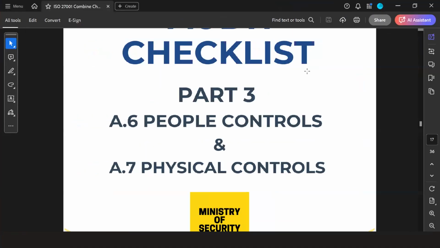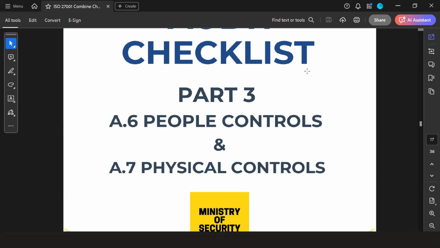Try to understand it this way. There are different types of controls in the organization: people-related controls, administrative controls, physical controls, technical controls. There are different teams responsible for managing and implementing those controls.